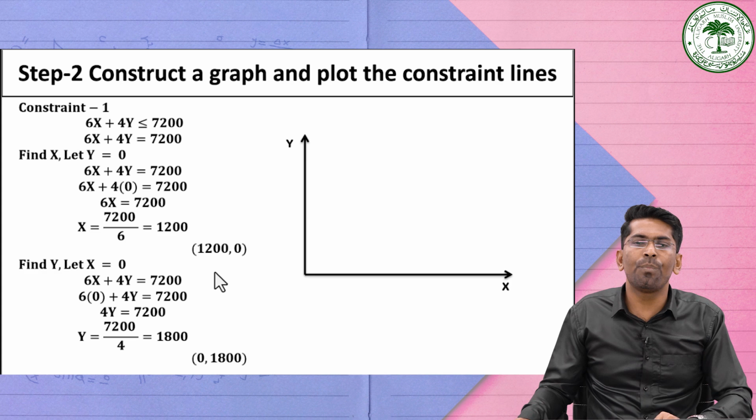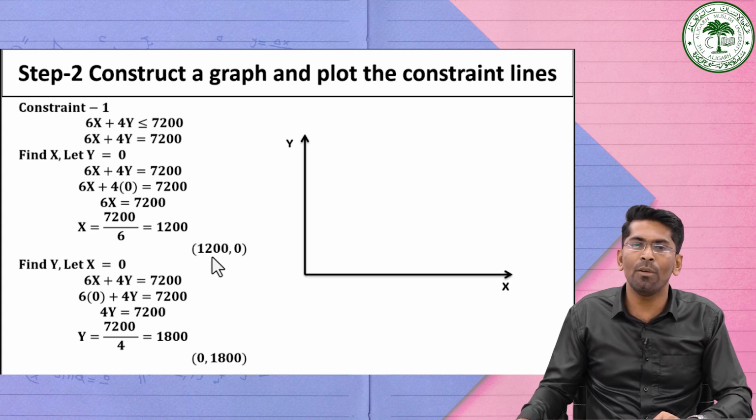Now we are going to plot these values to make a constraint line, which is joining the points 1200, 0 and 0, 1800. In order to mark the points on the graph, we need to select the appropriate scale as well. The scale depends upon the maximum values of x and y.